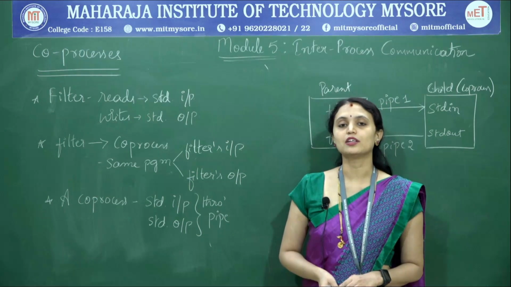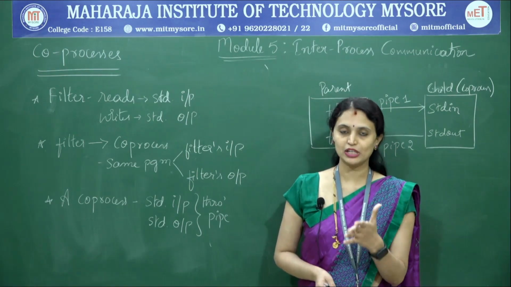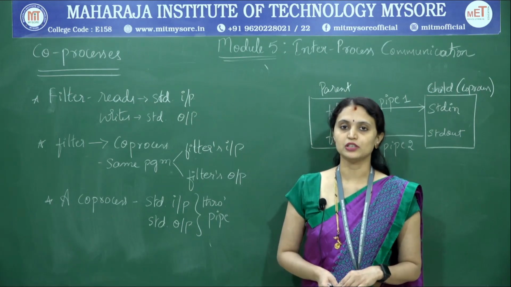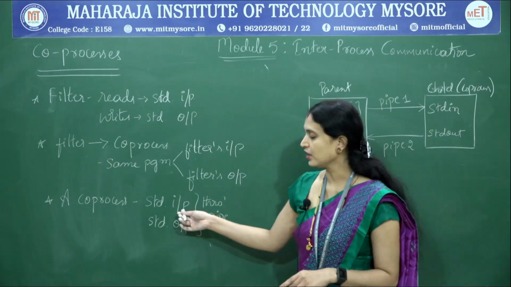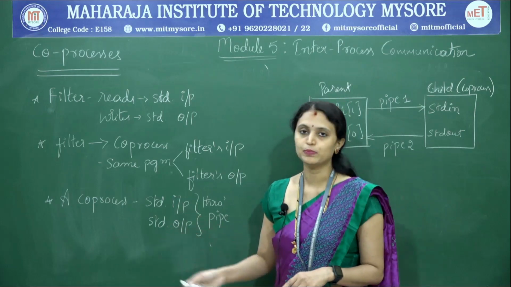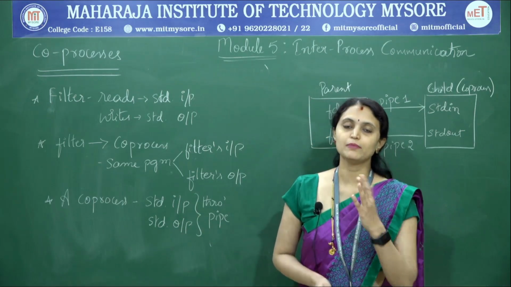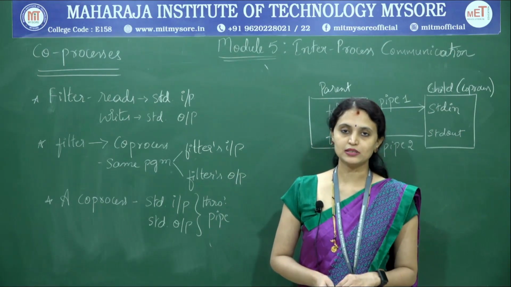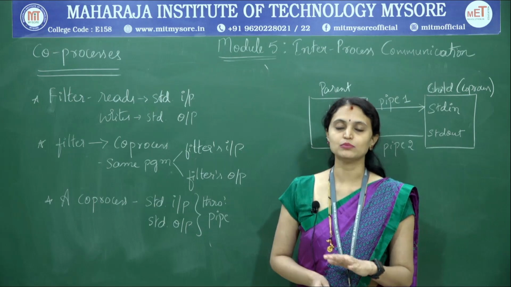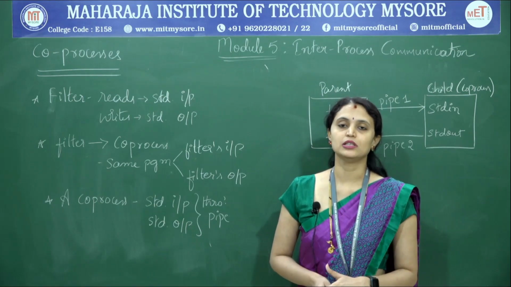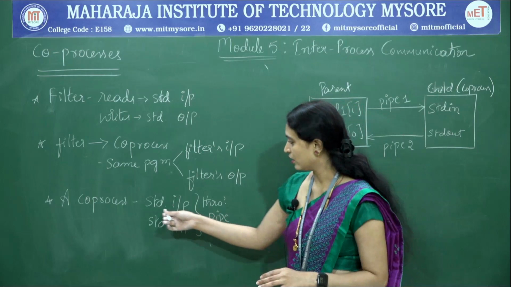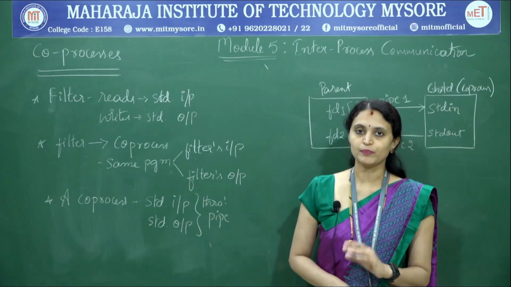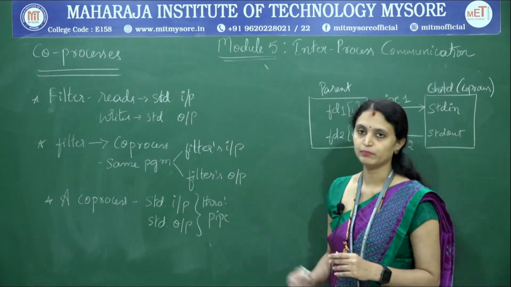Basically, a co-process is a program that runs in the background of the shell, and its standard input and standard output are connected to another program through pipes. So a co-process is nothing but a program that runs in the background in the shell, with its standard input and standard output connected to another program through pipes.